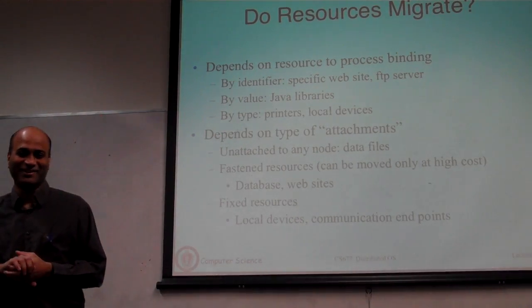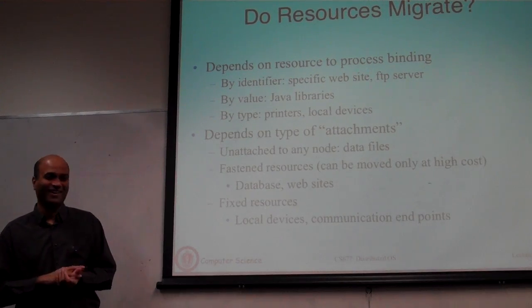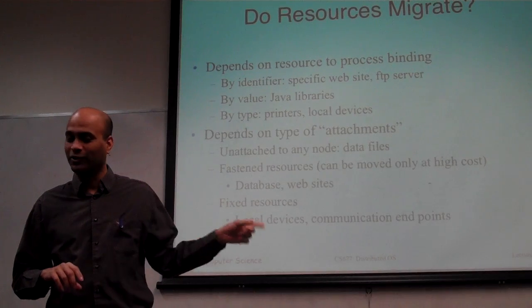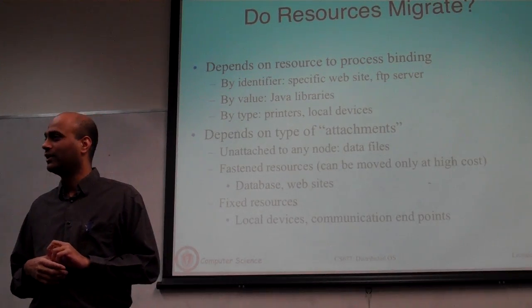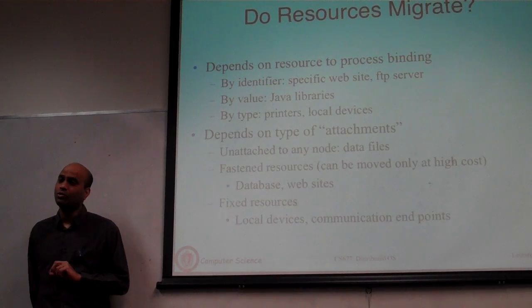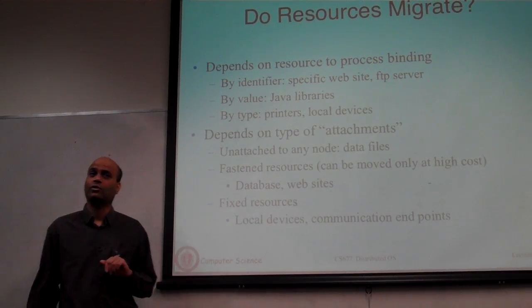Always let somebody else worry about it. It's not a bad approach actually. We will look at middleware that makes some of the migration transparent, although I'm not going to talk about how that happens here in particular. But yes, you could essentially just have something else figure out how to give access to a resource. Any other thoughts, ideas?